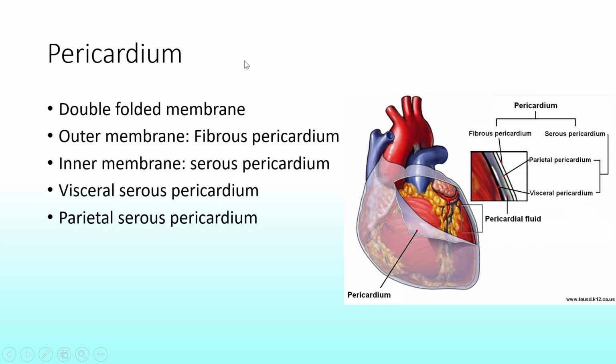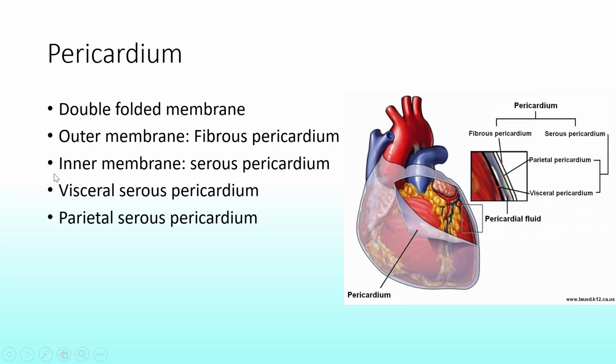A way that I like to remember these 2 names is that outer means fiber. I like to think of carrots. Carrots are very fibrous, especially their peels. So that's what I think about: fibrous pericardium outside. Another good way to remember the inner membrane is serous pericardium, where serous sounds like serrated teeth, which are found inside the shark.